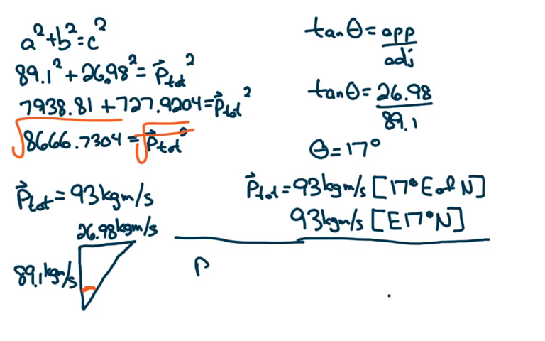So same equation, but now with total momentum, which is 93. Mass, we do need to take into account both the child and the raft, so that'll be 81 kgs for M. V, we don't know.